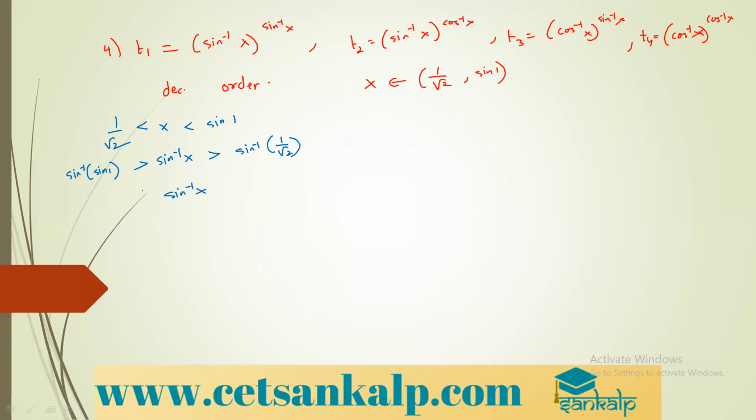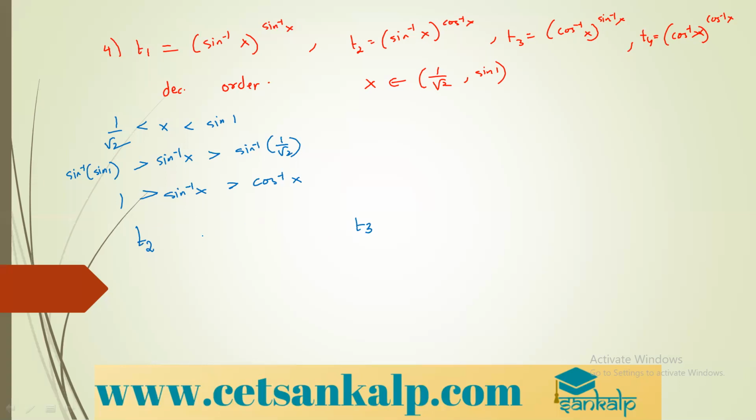That means sine inverse x will be between 1 and cos inverse x. So with this we can say that of all, the greatest is T2, and the least will be T3.